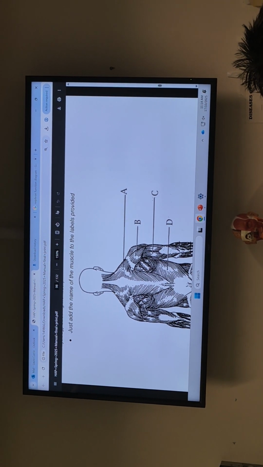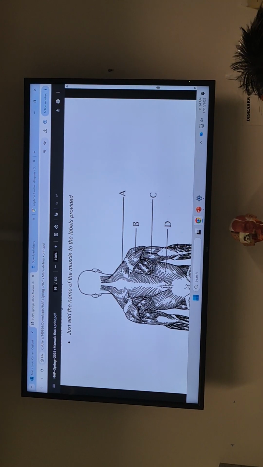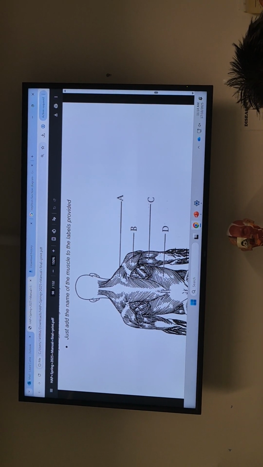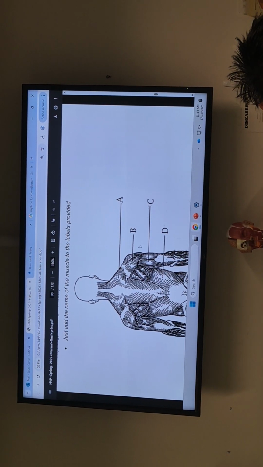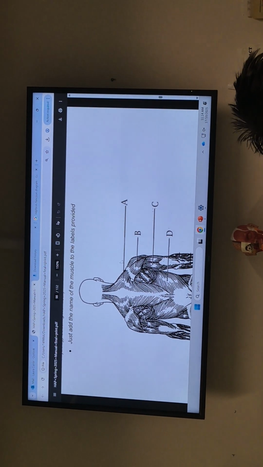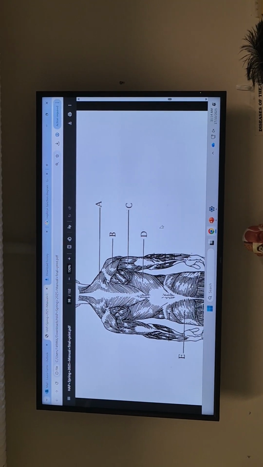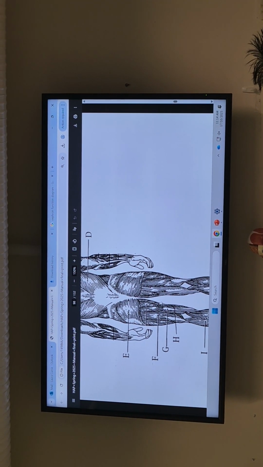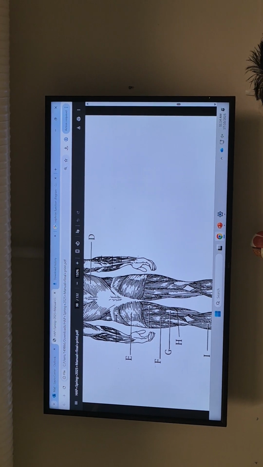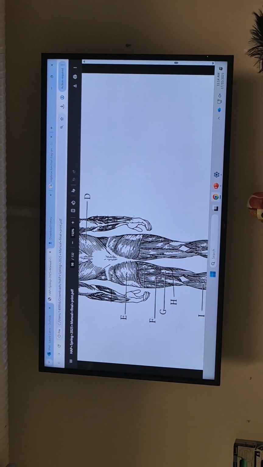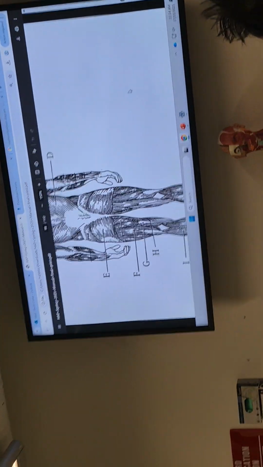For example, your traps look like a triangle, so you need to put clear lines to help you in the exam to work out where each of those muscles are, because it can get confusing when they are super close to each other, especially these ones here, like the quads or hammies. Make sure they've got lines running through them so you know exactly where they are and it doesn't overlap.